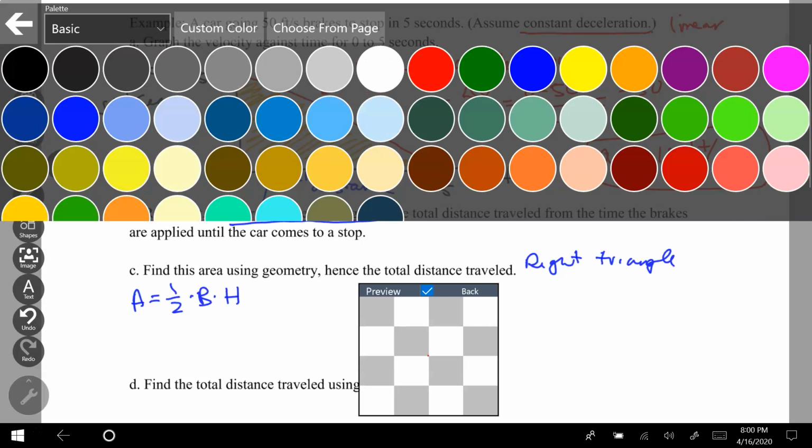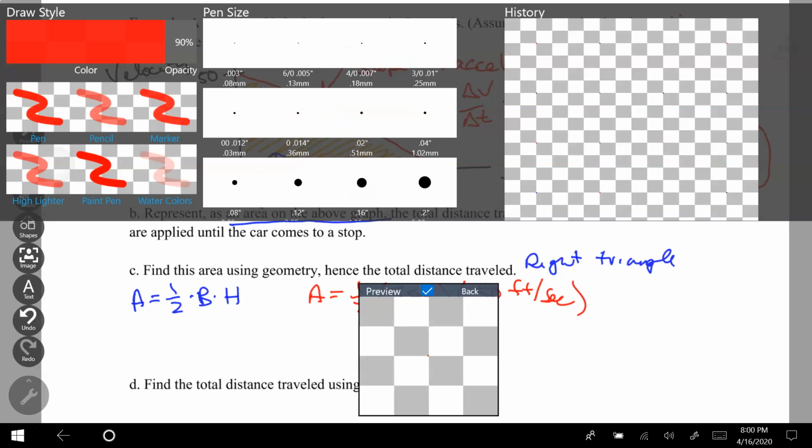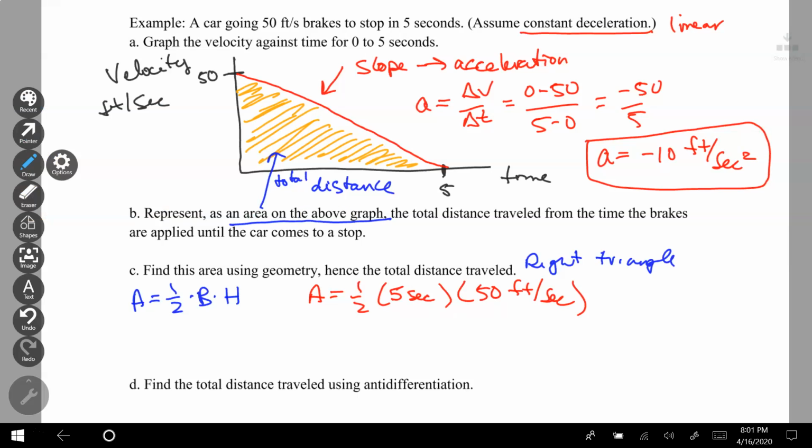And for this triangle, area is going to equal 1/2. The base is 5 seconds. And the height is 50 feet per second. And if I multiply this all out, I get to see that the seconds cancel out, my total area is 50 times 5 is 250.